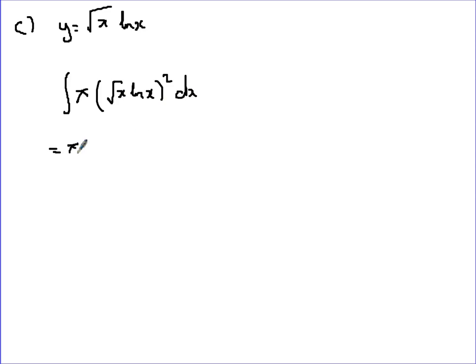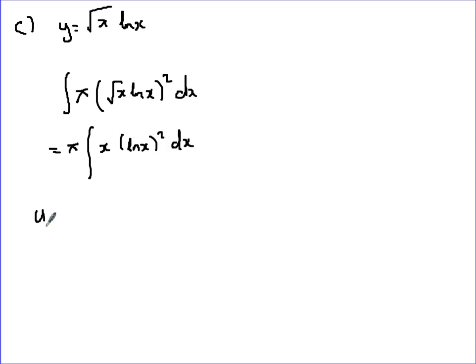Well, the pi can come on the outside, so we're then integrating x ln x squared dx. So we've then got an integration by parts to do. So the integration by parts we've got is x ln x all squared. Now we've already differentiated ln x all squared, so it'd be a good idea.